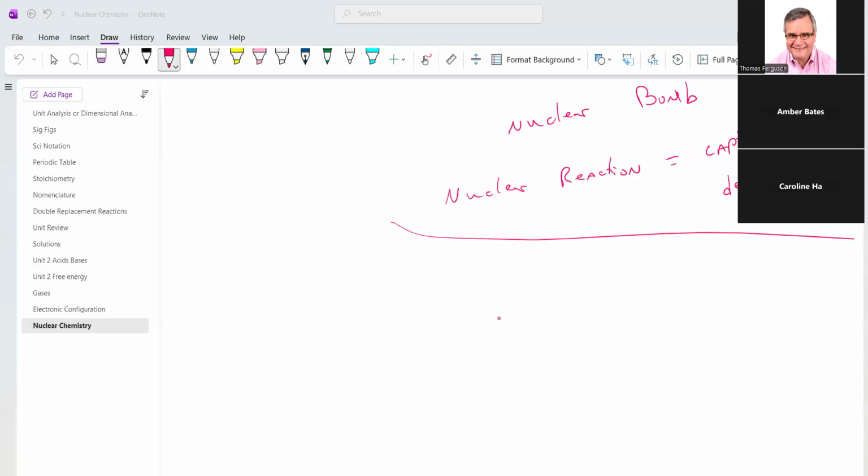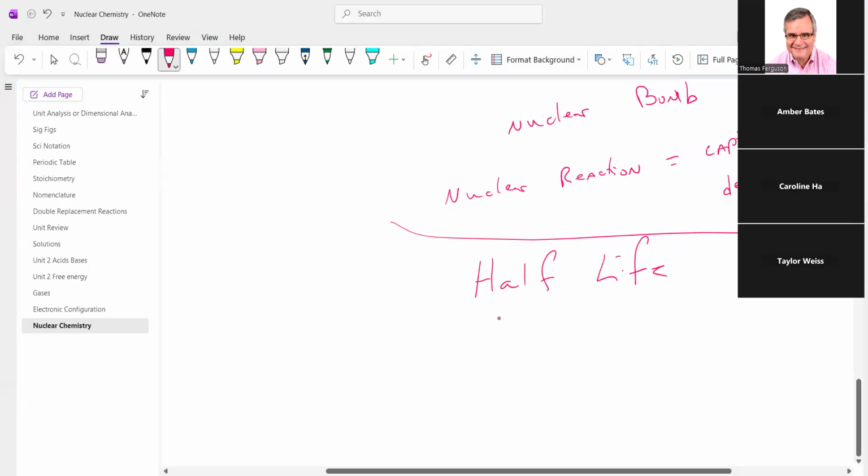Okay, so let's start with half-life. Half-life is used a fair amount in medicine, nuclear chemistry, let's see, what else? Geology. Quite a number of things.